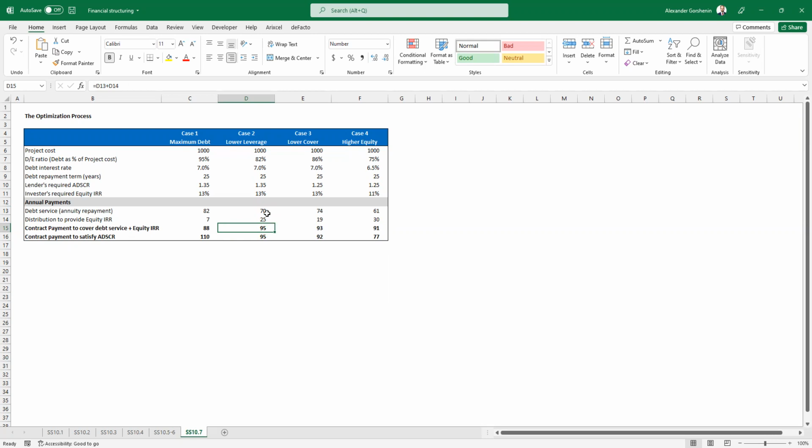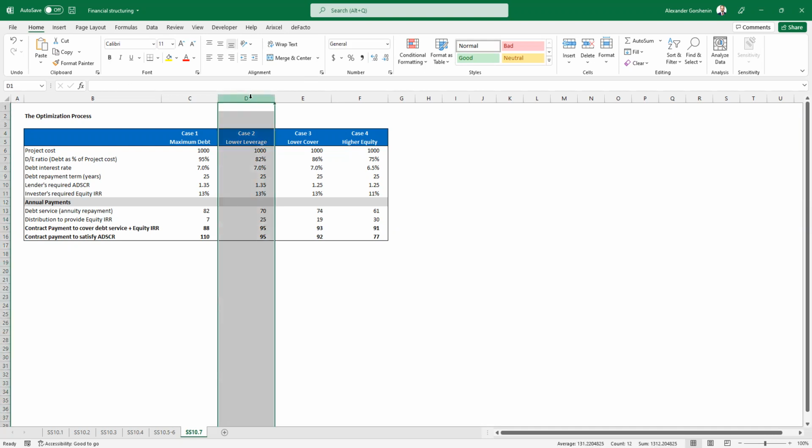That fits the requirement of having enough cushion to allow ADCR of 1.35. So now the coverage ratio is no more than is needed to meet the required annual debt and equity payments. What comes next?